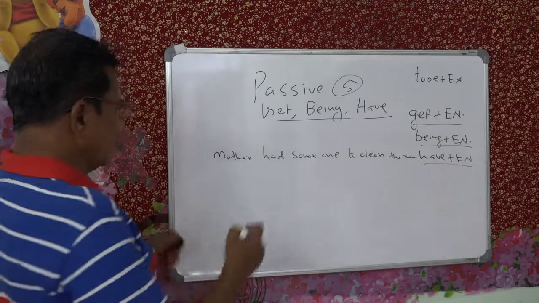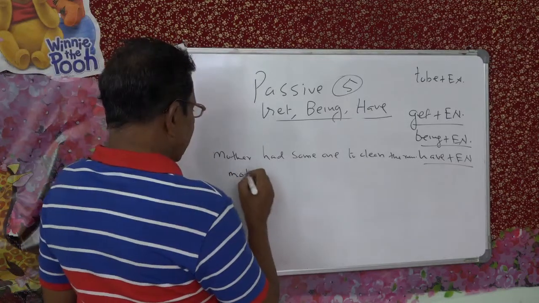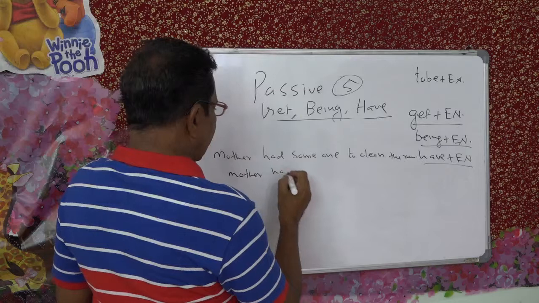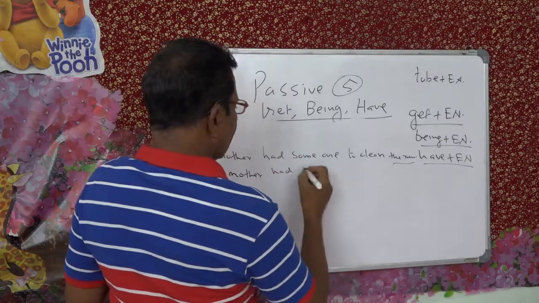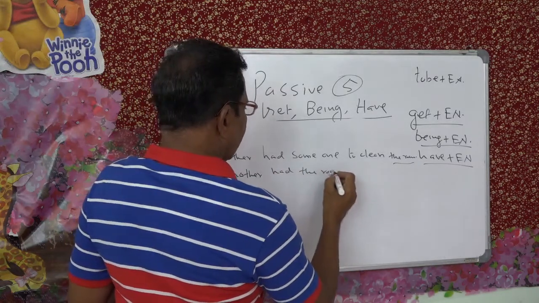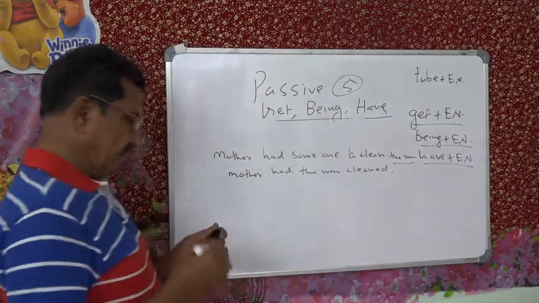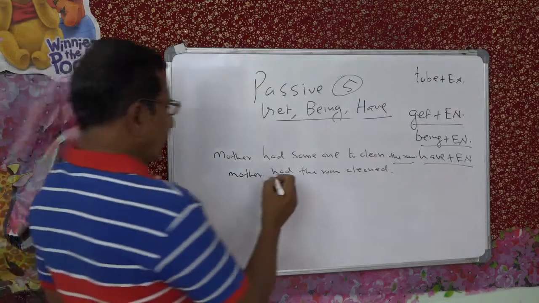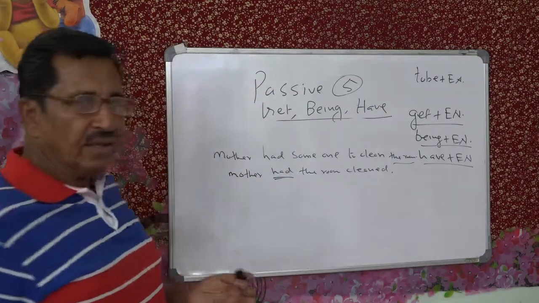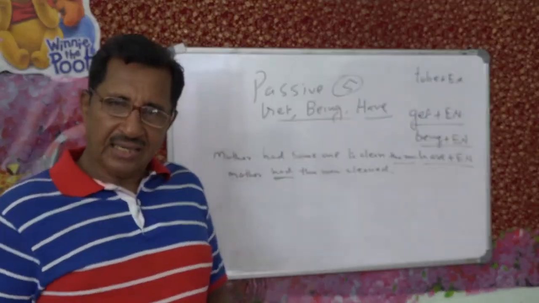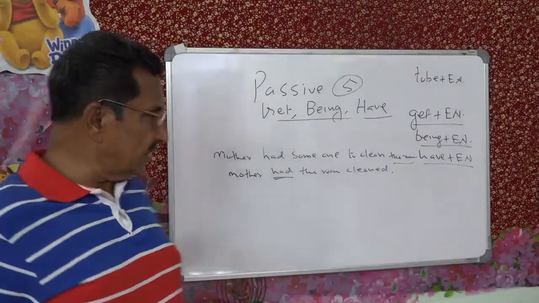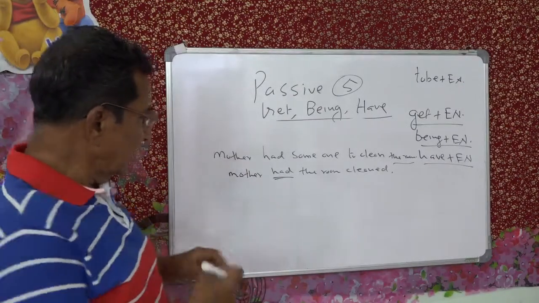Simple. Mother had the room cleaned. So here you have to be careful with the word order. You have the form of have, which can be has, had, have, having. So mother had, then the object.